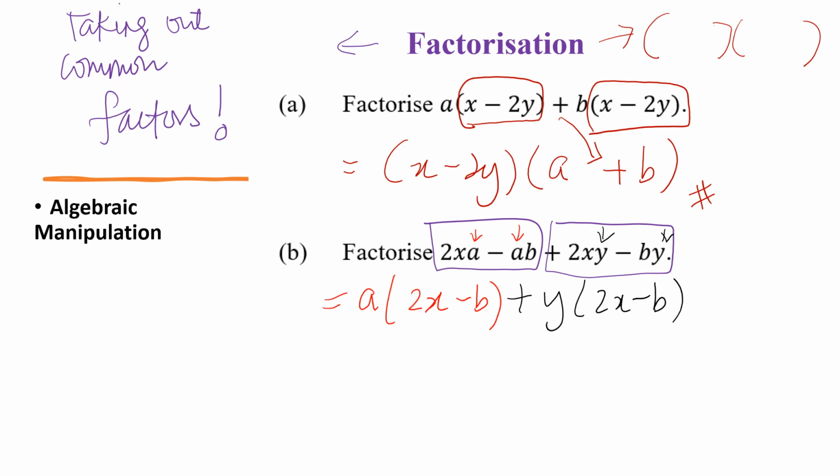What we have done here is something like part A, right? We have found our common factor, which is 2x minus b. So what do we do? Yes, we take out the 2x minus b. So this is how we do factorization. Basically, just put them in brackets. All right, factorization done.